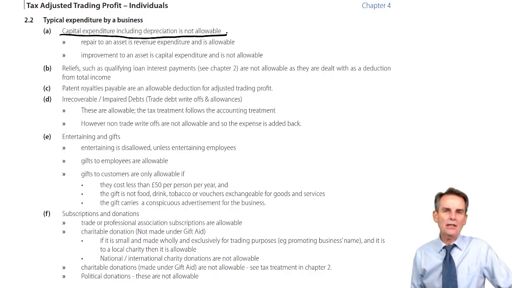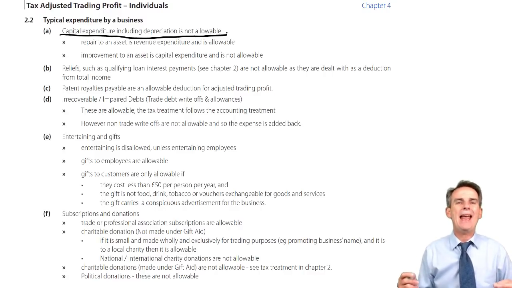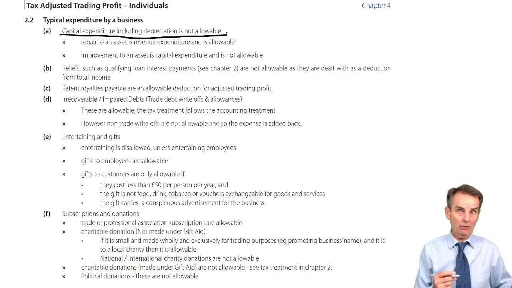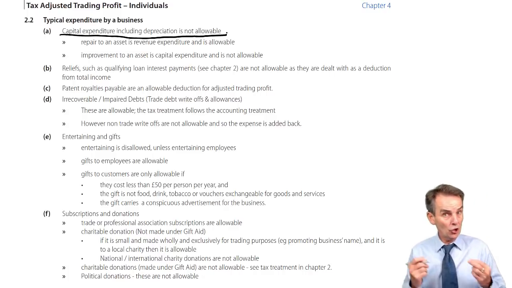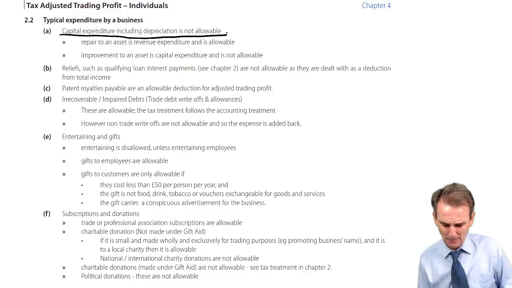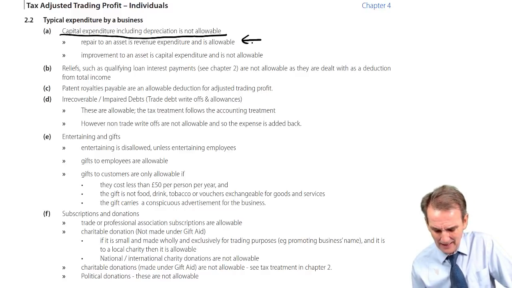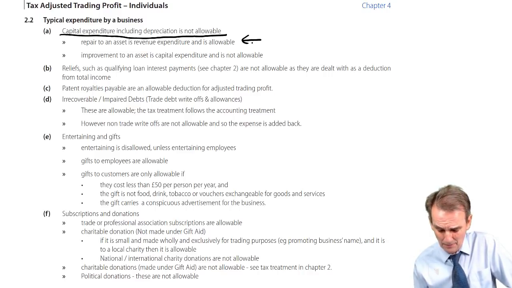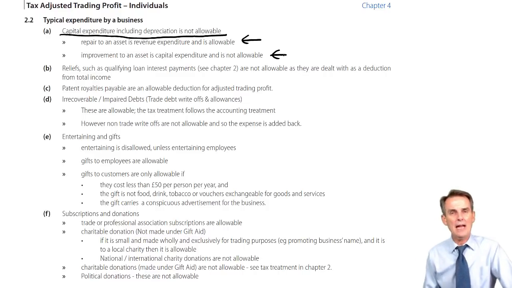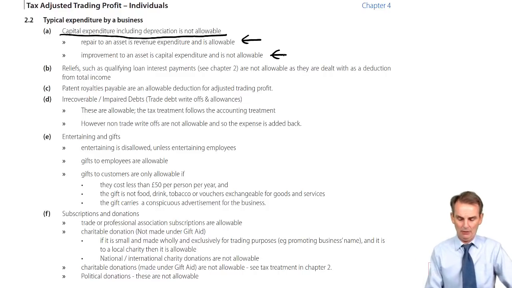But we might see an item labelled as repairs. Repairs sound like a revenue expense and should be allowable. But for tax purposes, we need to ask: is it the repair of an asset, which would be allowable revenue expenditure? Or is it the improvement of an asset, and therefore capital expenditure and not allowable?